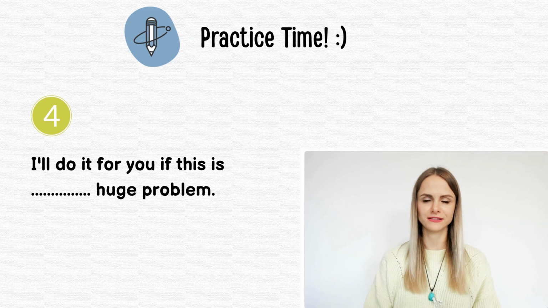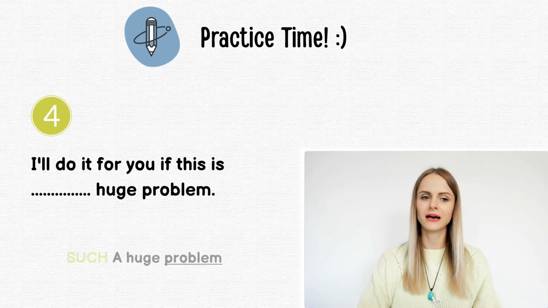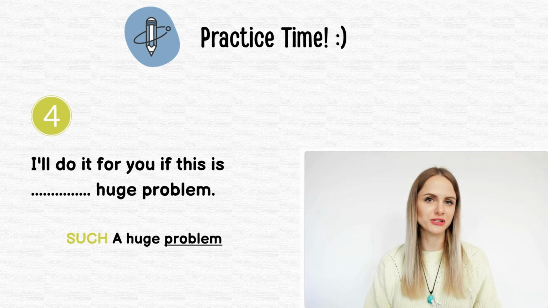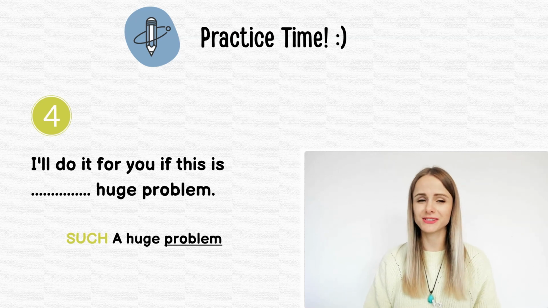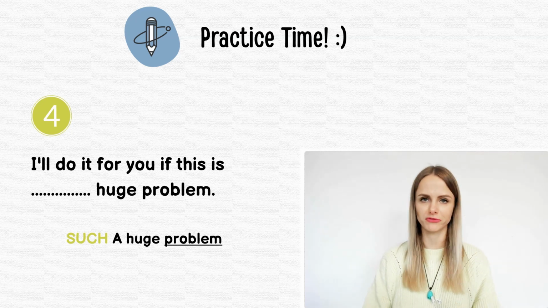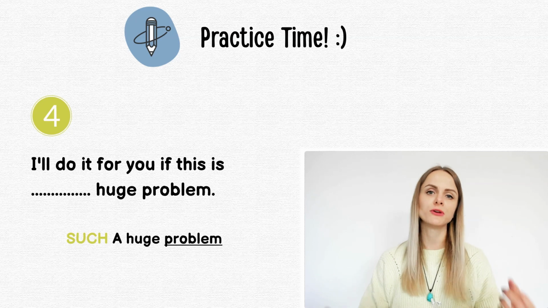Okay, read the sentence, fill in the gaps, and I will do it for you if this is such a huge problem. So here you could probably sense a bit of annoyance. I'm saying, okay, I will do it for you if this is such a huge problem for you. Such a huge problem. Taki ogromny problem.